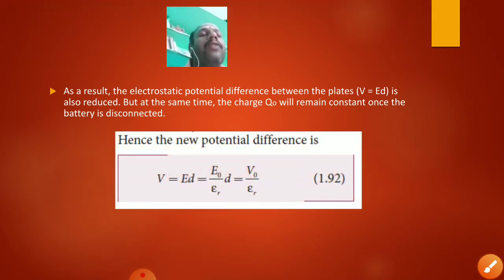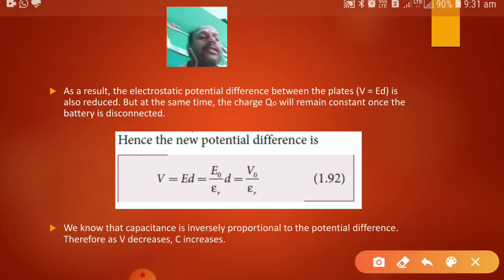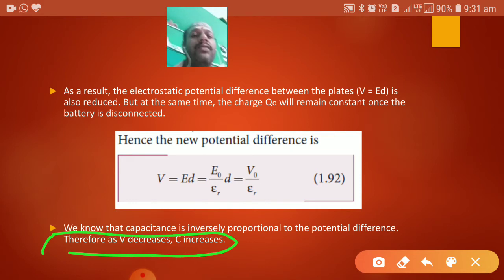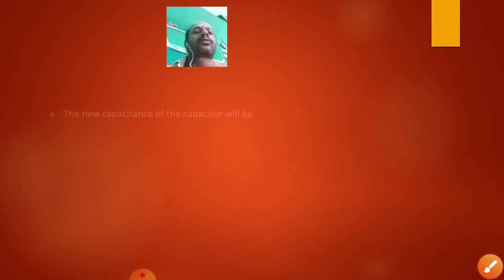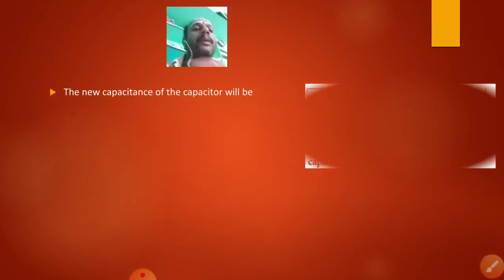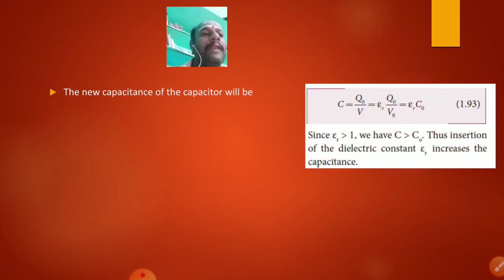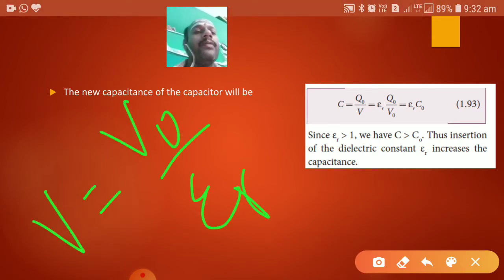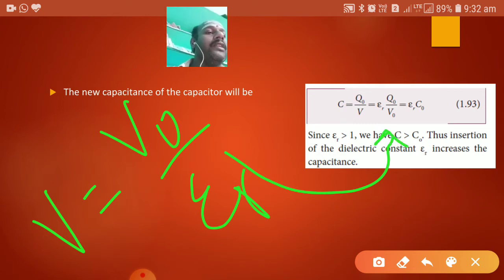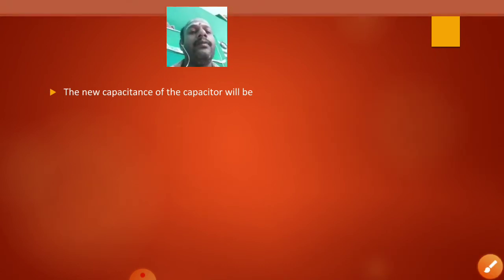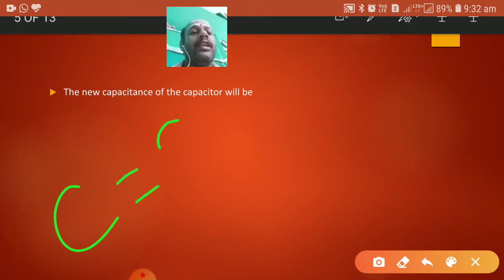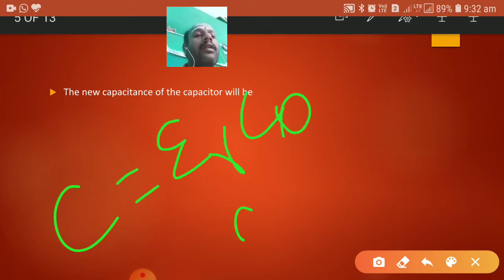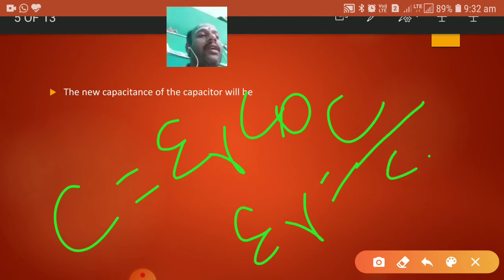Moreover, Q naught remains constant, so V will become V naught by epsilon R. Now the new capacitance of the capacitor will be C is equal to Q naught by V, and substituting V is equal to V naught by epsilon R, I get C is equal to epsilon R into C naught, or epsilon R is equal to C divided by C naught.